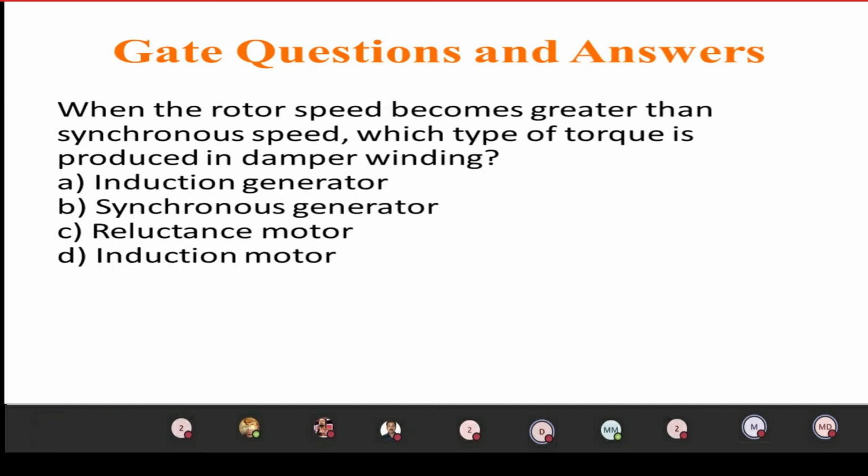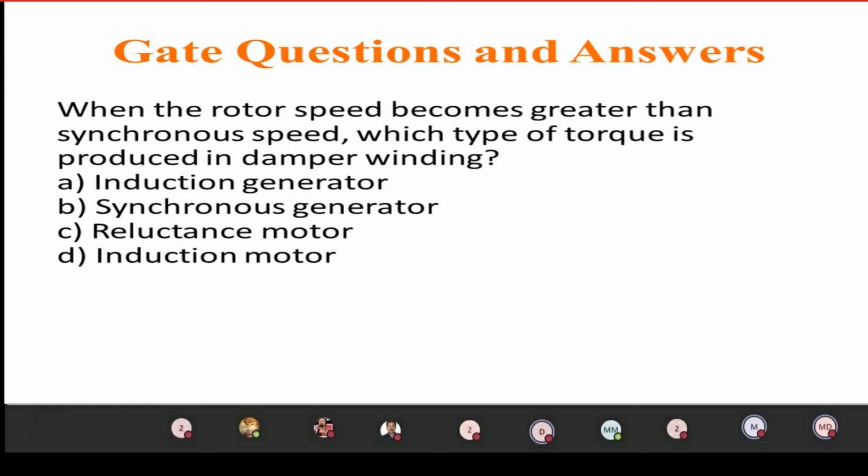When the rotor speed becomes greater than the synchronous speed, which type of torque is produced in the damper winding? Suppose our rotor speed is more than the synchronous speed, then the damper winding acts on the induction motor principle. When it runs at synchronous speed, it acts like a dummy.